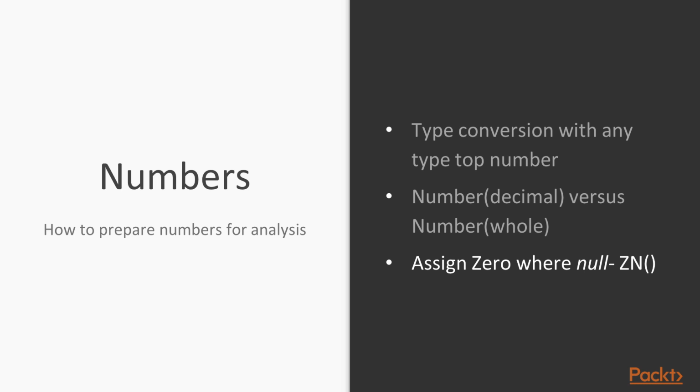With the help of the ZN function we will remove those null values and place zeros wherever we have null values, and the analysis will be very easy with those zero values, because the summation will be 0 whenever we have a 0 in place of an empty value. But when you keep null as a value inside the data set, that will give you an error. So it's a very good idea to replace the nulls in the data set with 0. That's very quick and very efficient whenever you are doing any calculation on top of data.